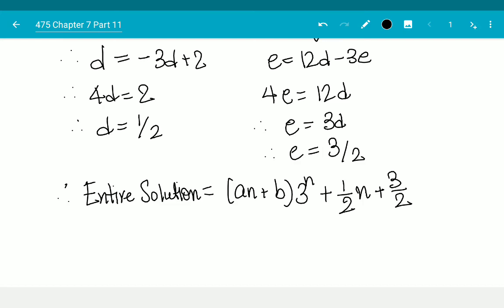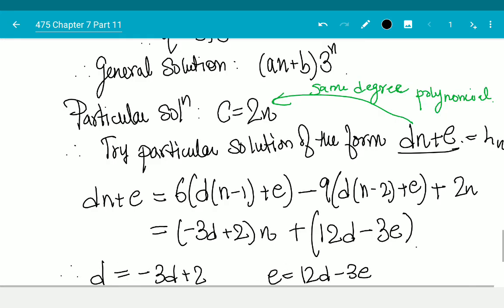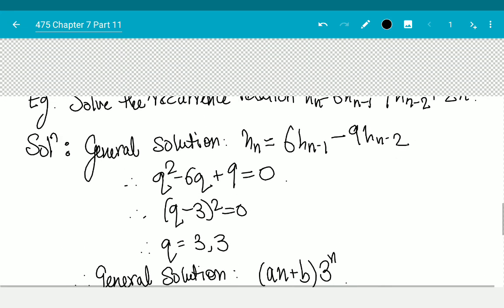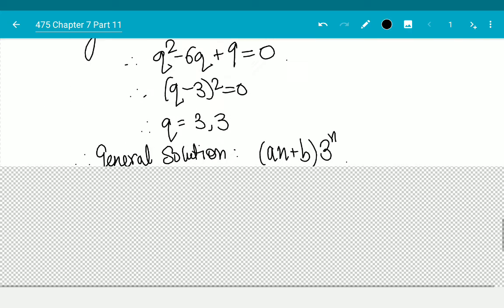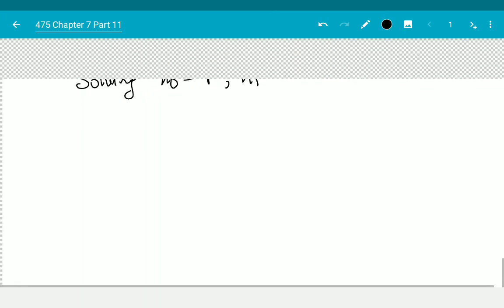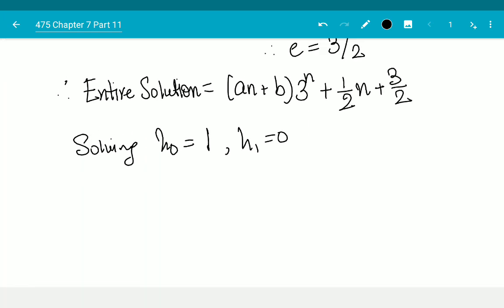Solving h of 0 is equal to, what are the conditions? H of 0 is equal to 1, h of 1 is equal to 0. Did I mention these? I forgot to mention these, I think. Okay, so you plug in at n is equal to 0, you get b plus 3/2 should be 1.